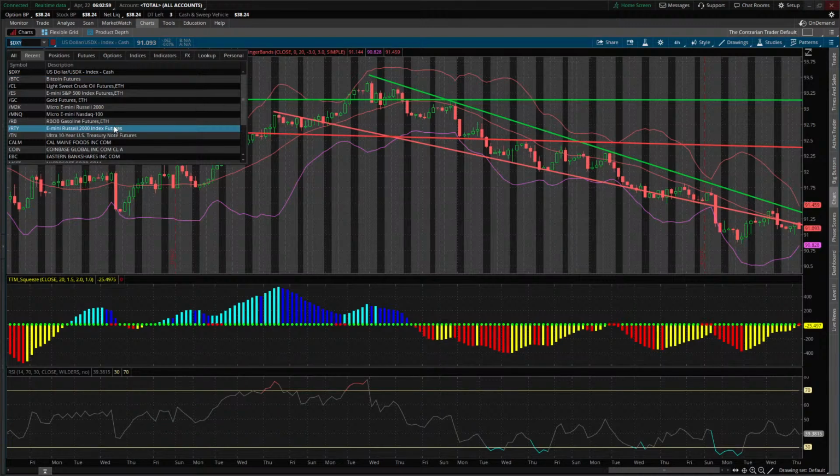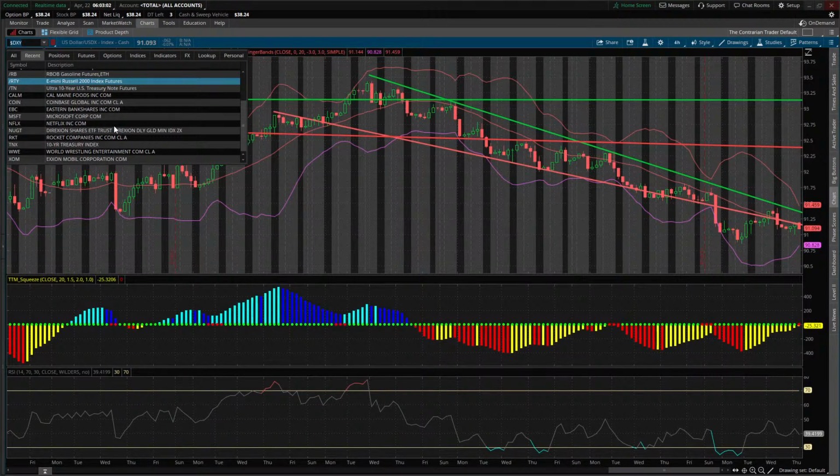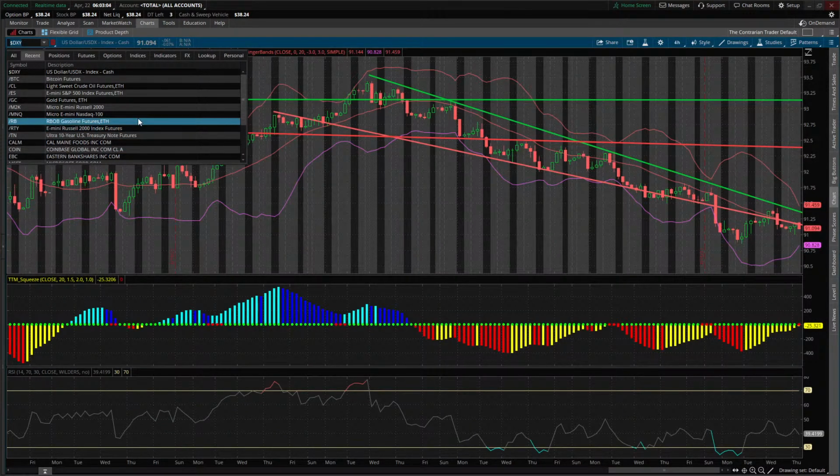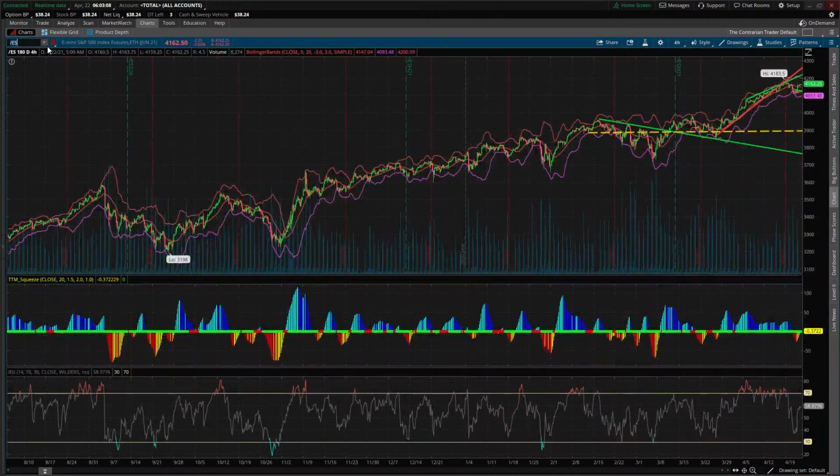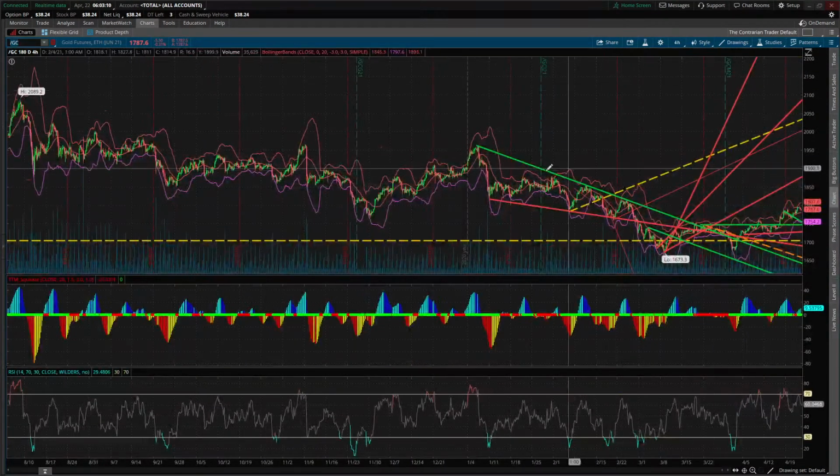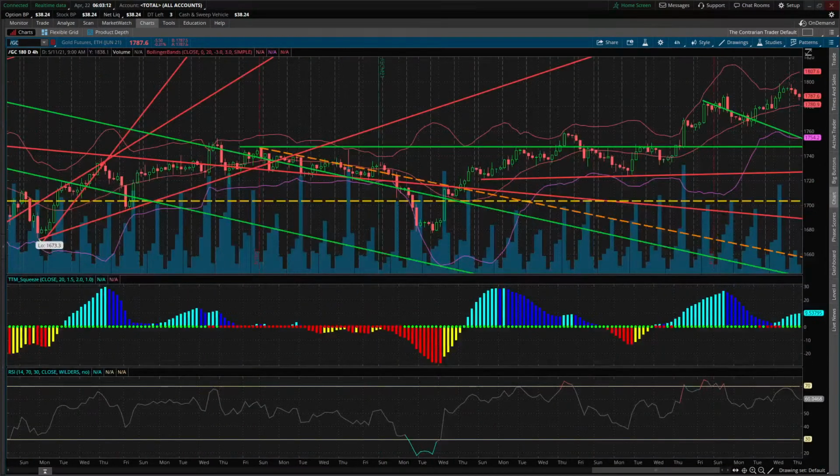Let's take a look at how bonds are reacting. Actually, let's go to gold. Gold is down. Had a really nice session yesterday. The miners, of which we're long, did very, very well yesterday. Silver miners, gold miners, of which we're long, and looking to add more now.